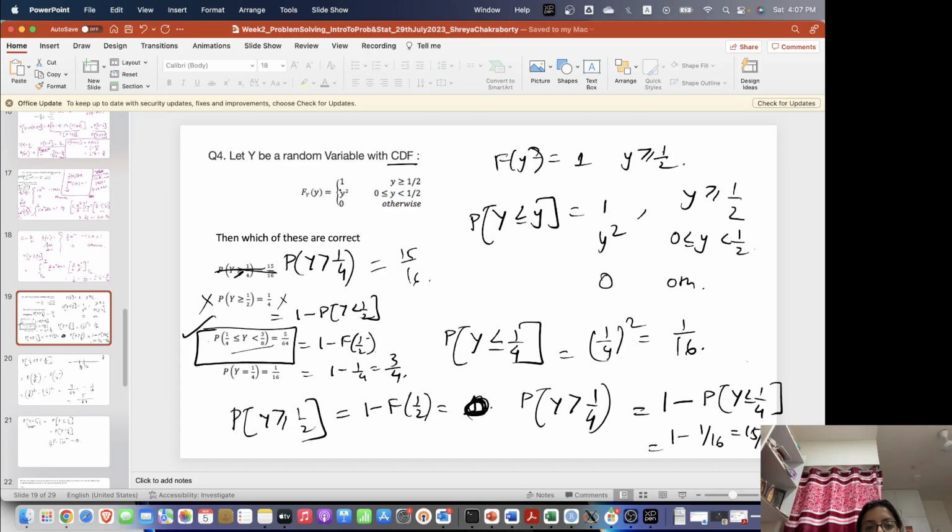Or I think this is a continuous type of distribution because left continuity is also holding. F of 0 plus is also equal to 0. F of half plus, no, sorry.